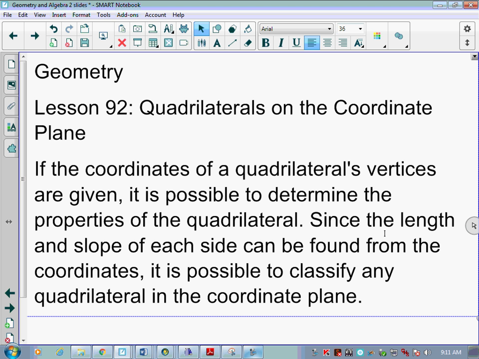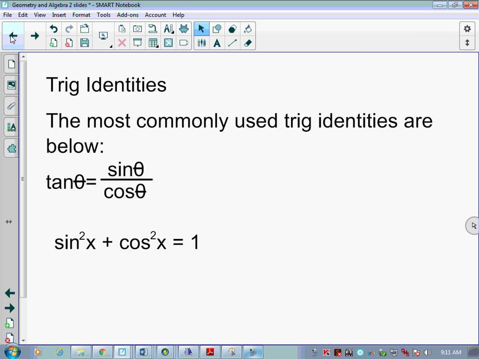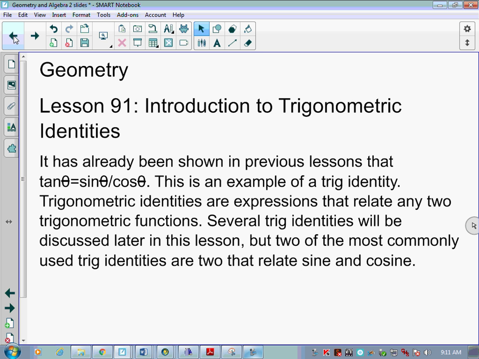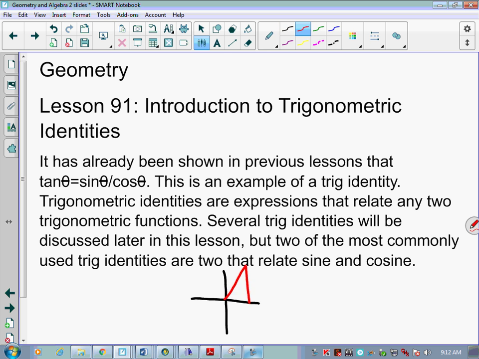Okay. All right, so let's come back over here. Introduction to trigonometric identities. It has already been shown in previous lessons that tan theta is sine over cosine. One of the things I want you to understand is that whenever we're talking about a coordinate plane, let's say we've got our coordinate plane down here, and we're looking at a right triangle.